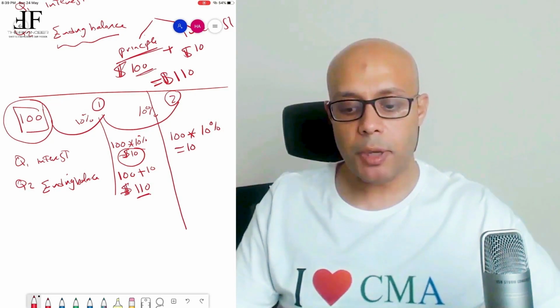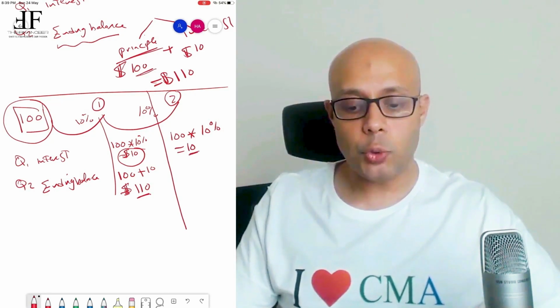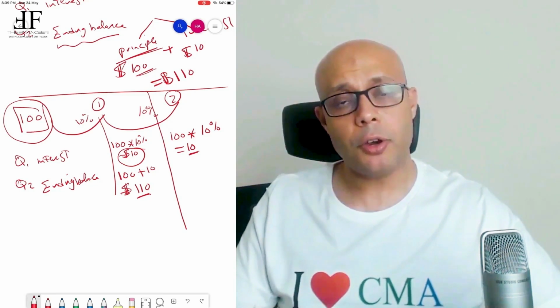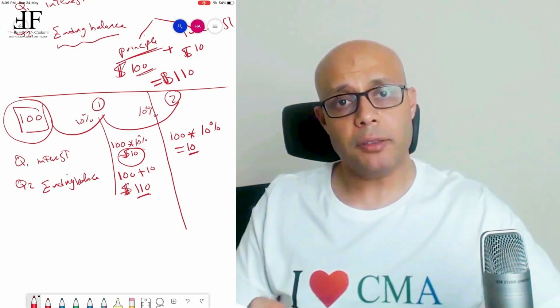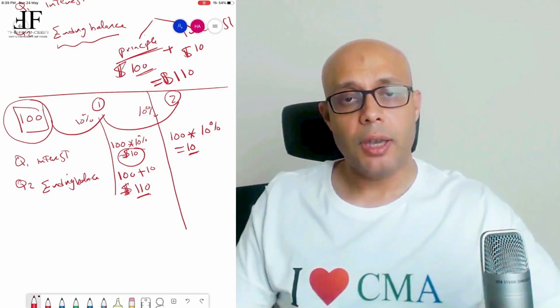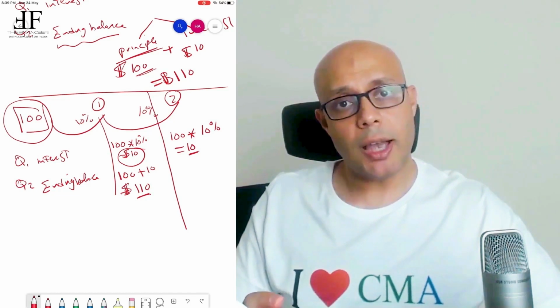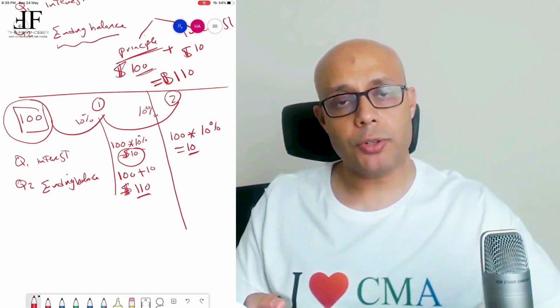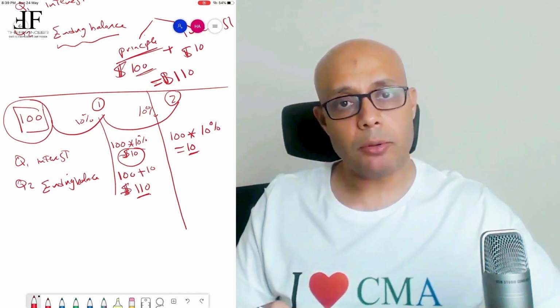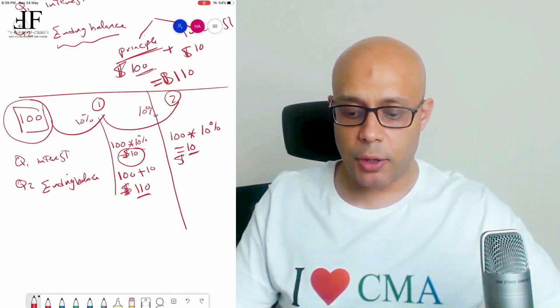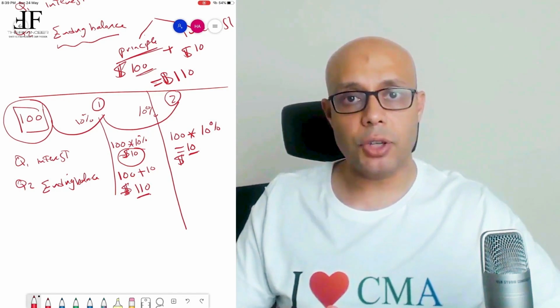This will be the same $10 that you earned in the first year. The simple interest calculation assumes that each year you earn the same interest, because you are basing your calculations on the initial deposit amount at the beginning of your investment. So the $10 here will be the interest of the second year.